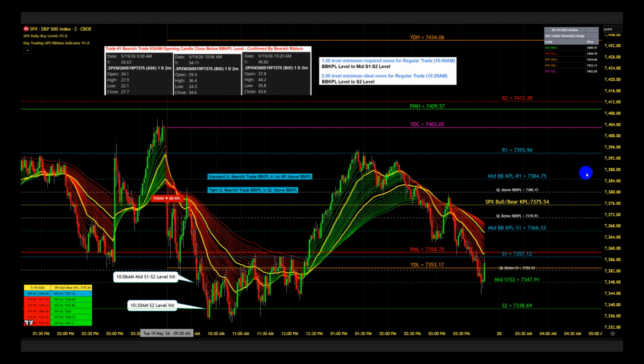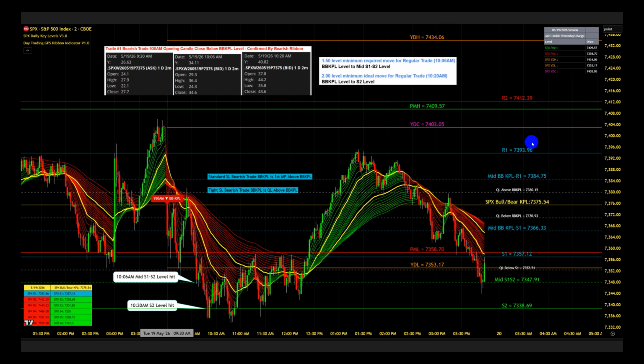So a 2 level move away from the bull bear KPL above or a 2 level move below constitutes the entire range that you will normally see in 80 to 85% of the sessions.